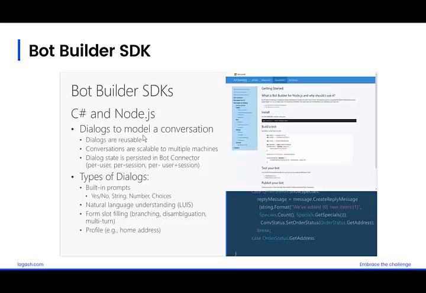For example, if you are building a bot that supports ordering a pizza, you can just receive the order for the pizza and the ingredients in a conversational way.